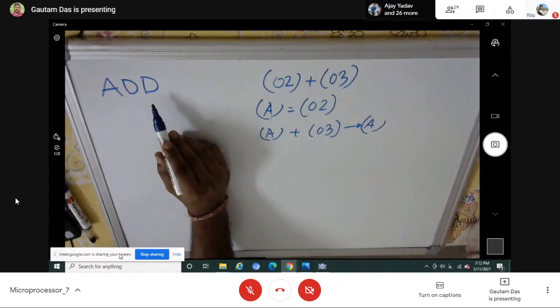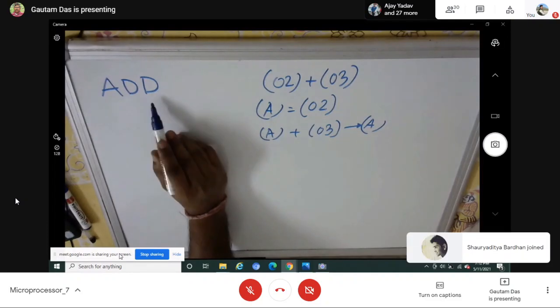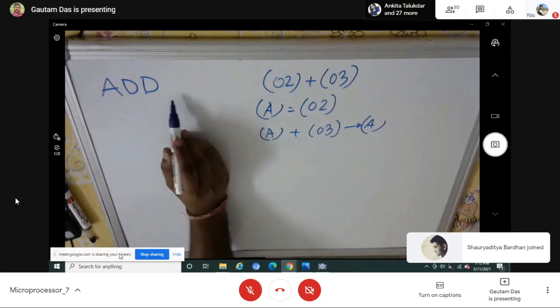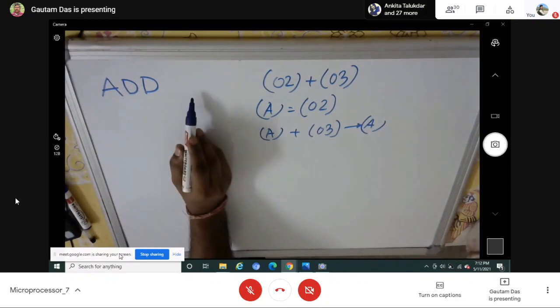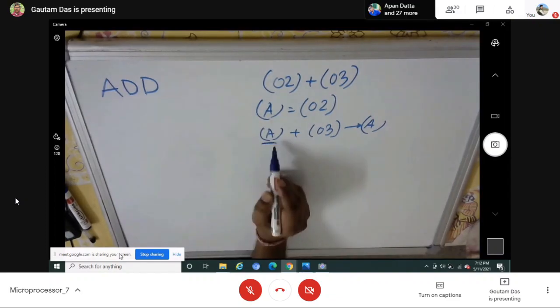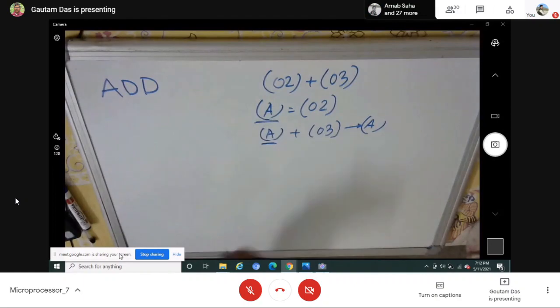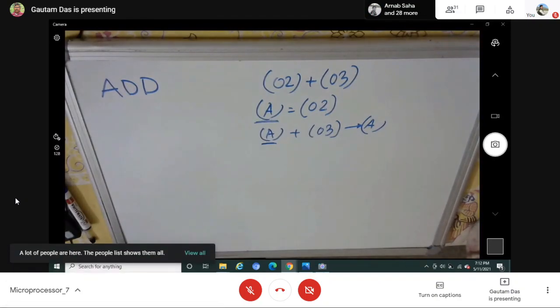As it is an arithmetic instruction, addition will be performed between two operands, so one operand must be in the accumulator, because you must store one data in the accumulator before performing addition.